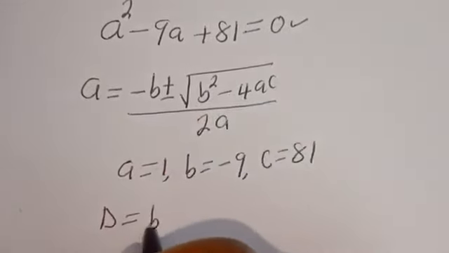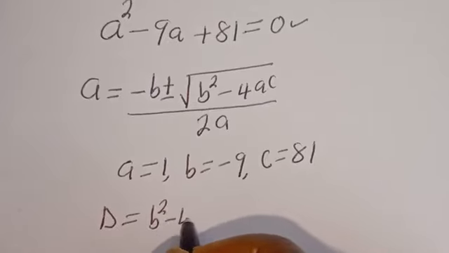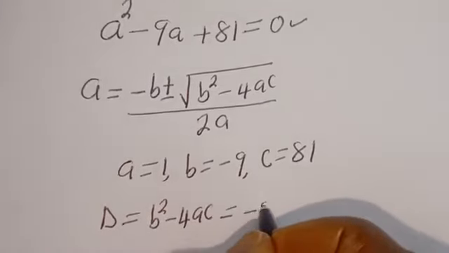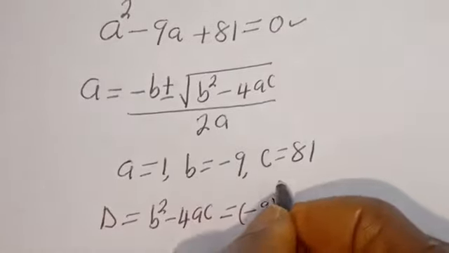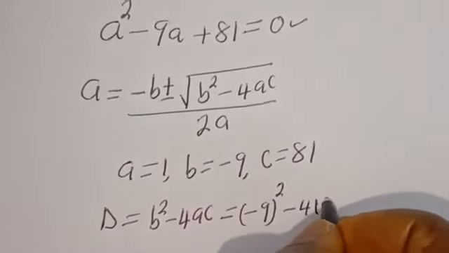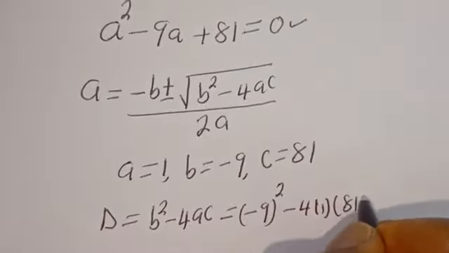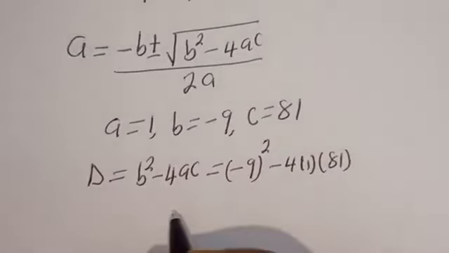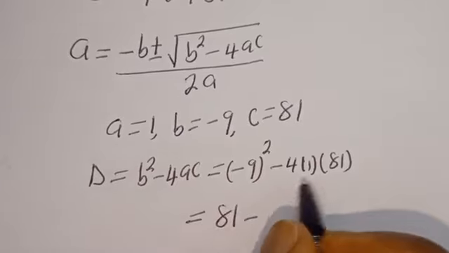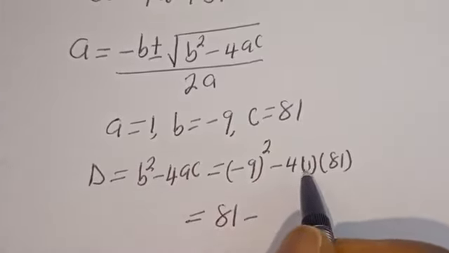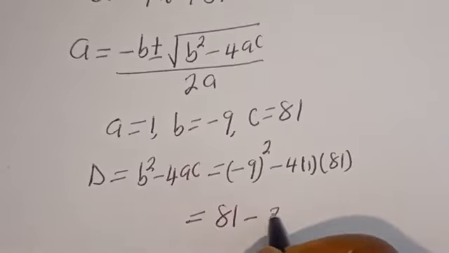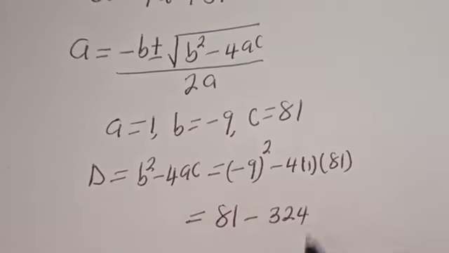D is equal to b square minus 4ac, which is equal to minus 9 square minus 4 multiplied by 1 multiplied by 81. And this is equal to minus 9 square, that is 81, minus 4 multiplied by 1 multiplied by 81, that is 324.